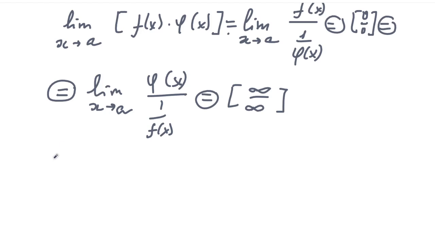Example 5. Find limit as x approaches 0 of x to the power of n times natural logarithm of x.